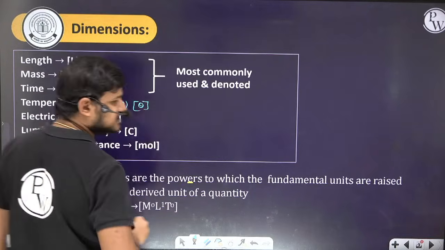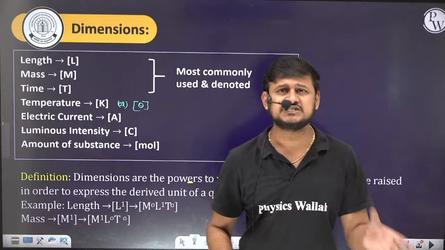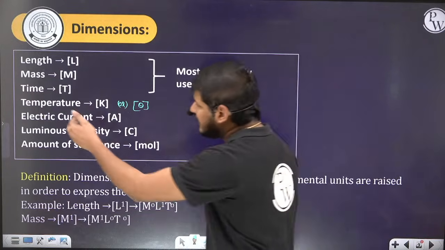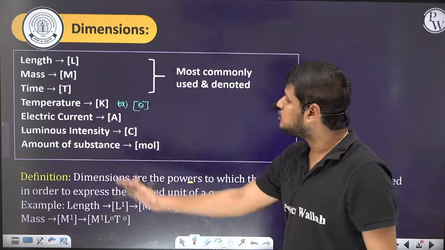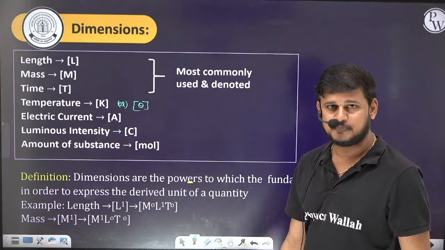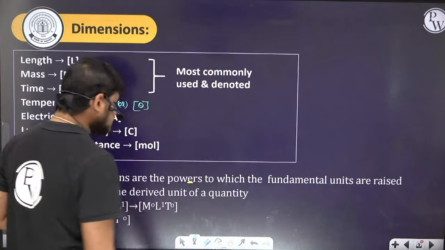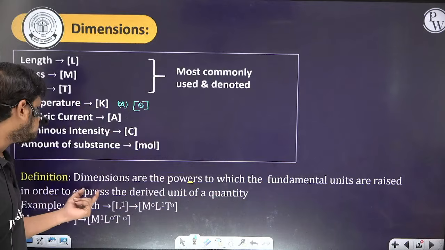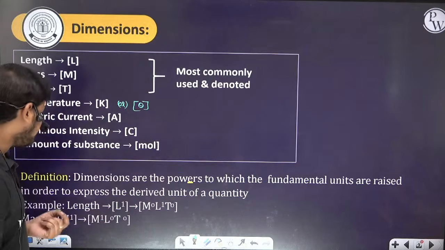In some reference books or in questions, they might mention theta also. For electric current we use A, for luminous intensity we use C, and for amount of substance we use mole. The dimensions are the powers to which the fundamental units are raised in order to express the derived unit of the physical quantity.